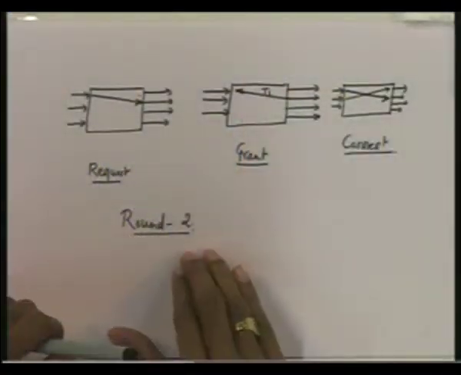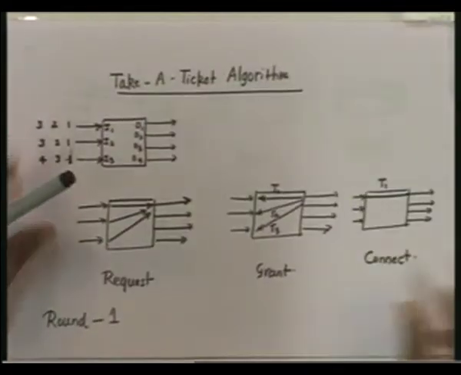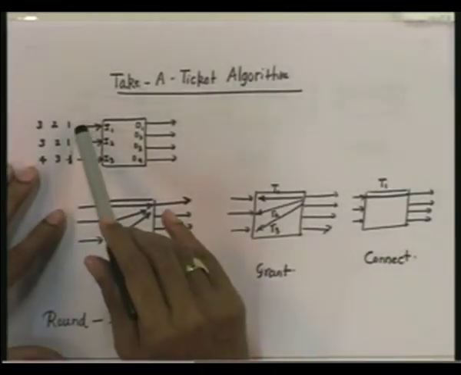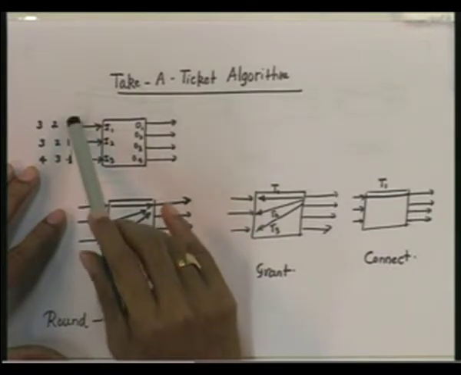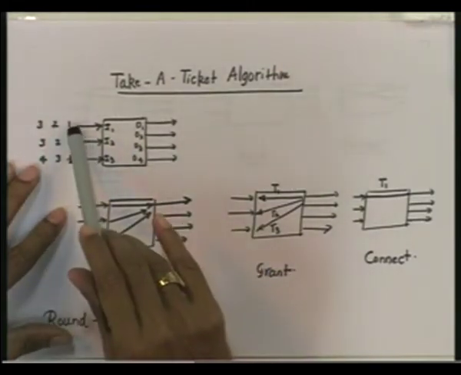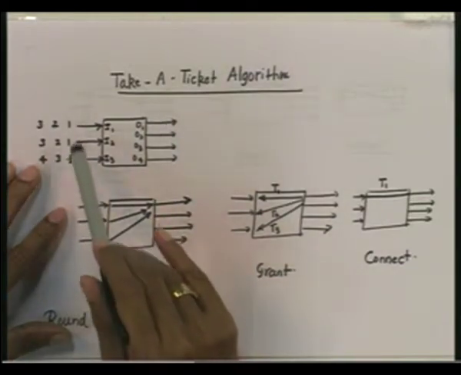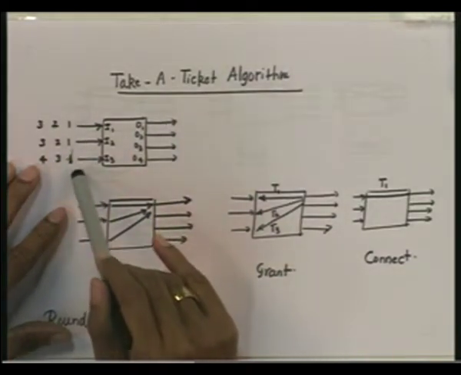Now one disadvantage of this scheme, as you can see here, is that all the input ports have packets to be sent to output port 1, and obviously when one has been given a grant to send, ports 2 and 3 are blocked; they cannot send packets.